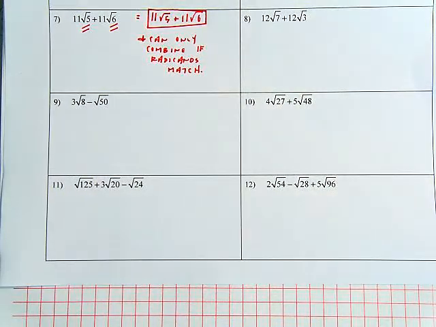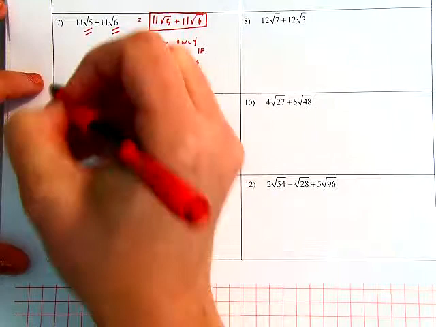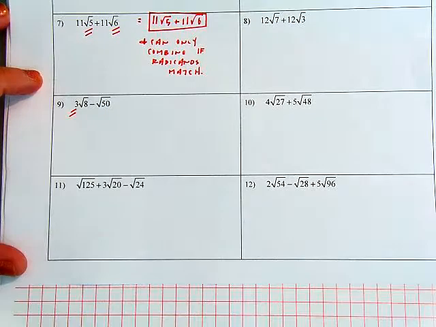So in problem 9, I have 3 square root 8 minus the square root of 50. So at first glance, those radicands don't match. But when I look at them closer, I can see that, oh, well, they can each simplify. So I have 3 square root 8. So if I simplify the square root of 8, I'm just going to underline that 3 so I don't forget that it's there.